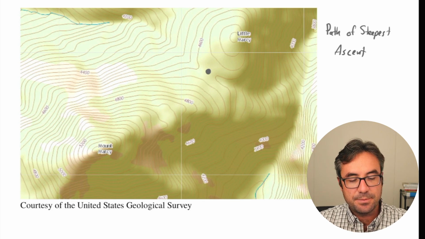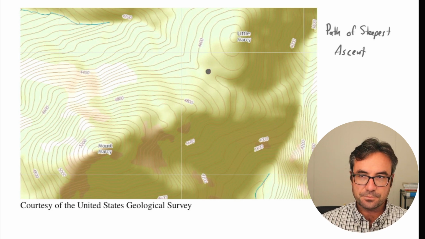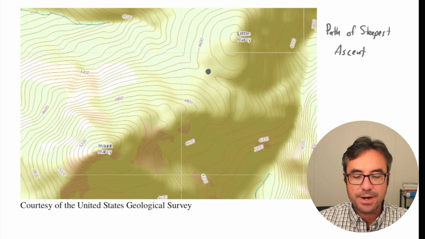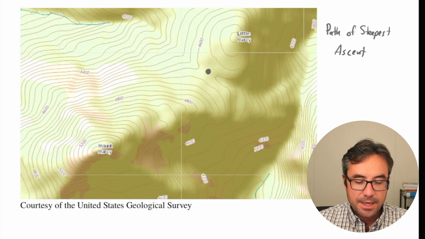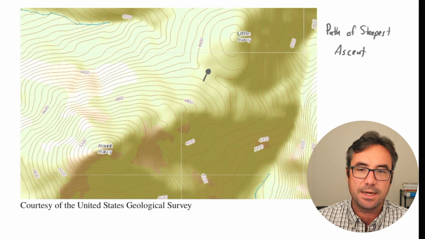If we want to travel in the steepest direction, we start moving so that we're always moving perpendicular to these contour lines.